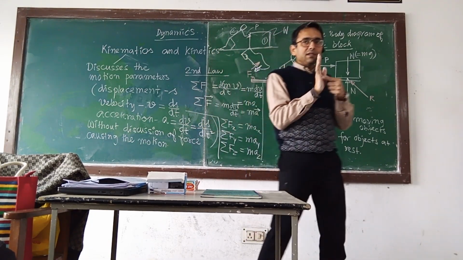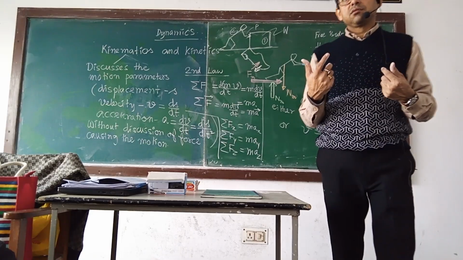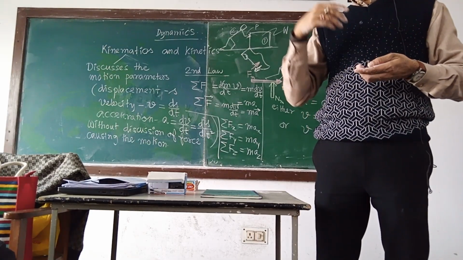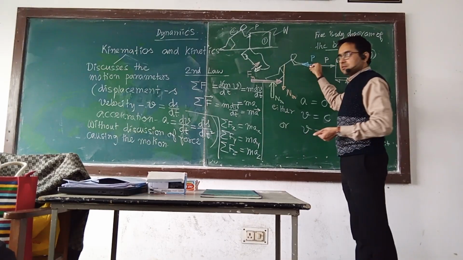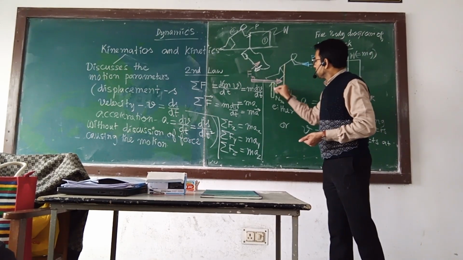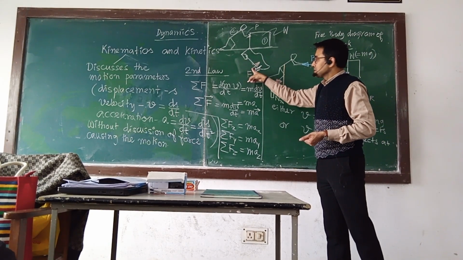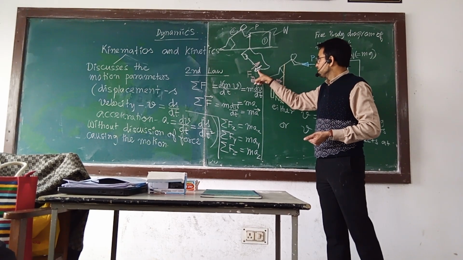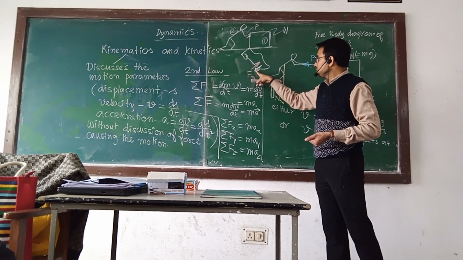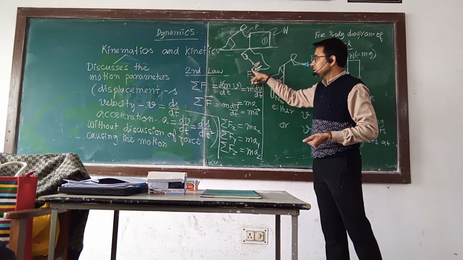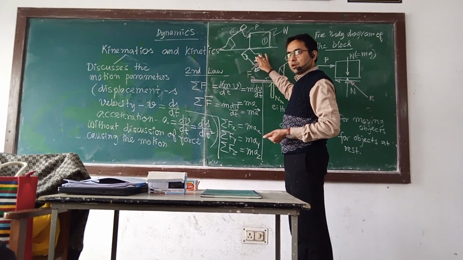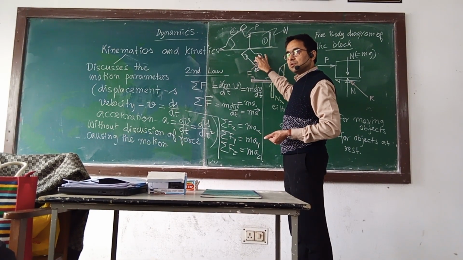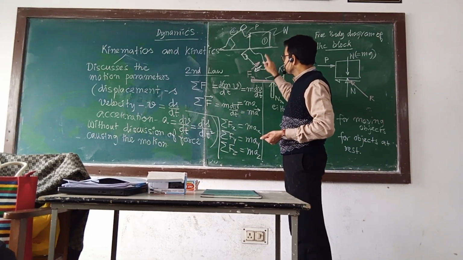That means internally all the forces are balanced. The resultant of this is the same as this. That is the action by me on the floor, and this is the action by the floor on me. So when I show the free body diagram, can you tell what force will be shown out of these two?